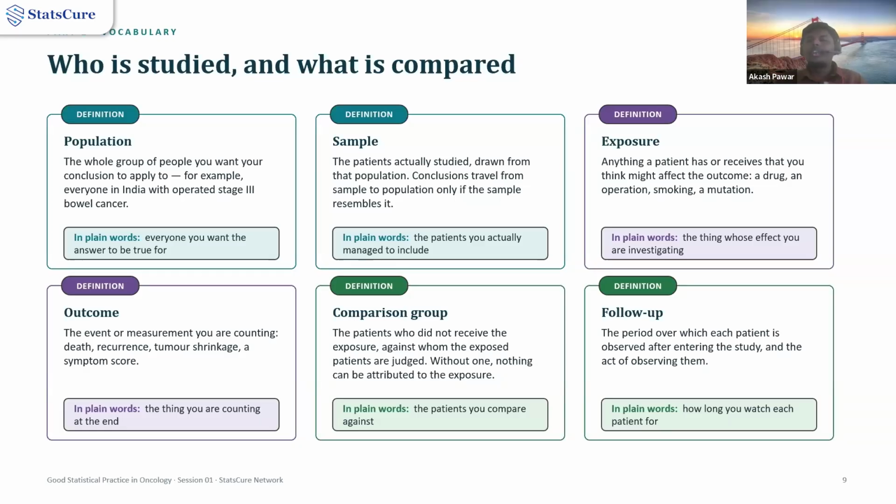So exposure, based upon your study design, can be considered differently. Why? Because in clinical trials you expose patients to a certain treatment and then see their outcomes, to generate a causal relationship.